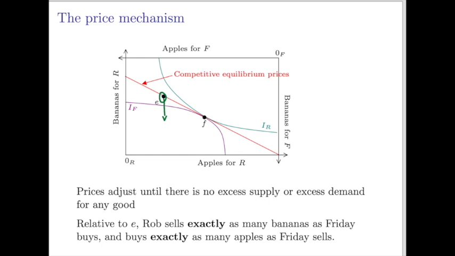And he buys exactly as many apples as Friday sells. So there's a double coincidence of wants. What each person is selling is exactly what the other person is buying. When we look at the prices when they weren't in equilibrium, there wasn't this coincidence.